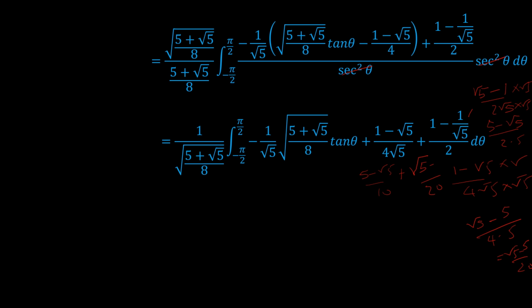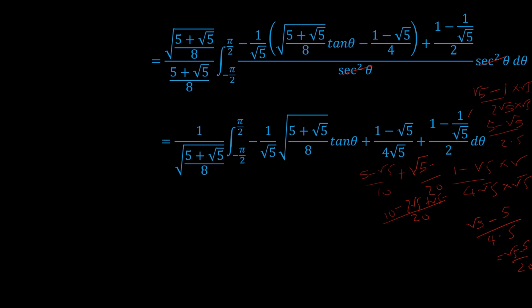And so common denominator 20 divided by 10, we have 10 minus 2 root 5 plus 5 minus 5.